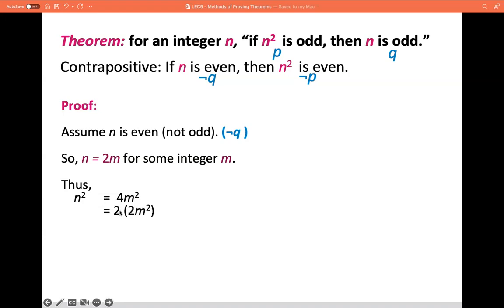Factoring out 2 from 4m squared, this results in 2 times 2m squared. And we can rewrite it as 2k, where k is 2m squared. And we have here proven that not P, the statement n squared is even, is true.